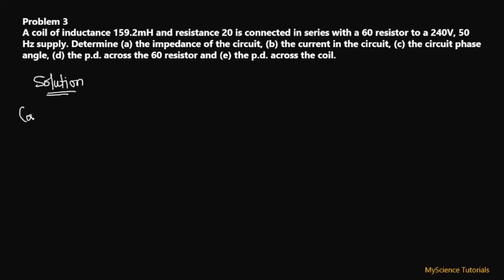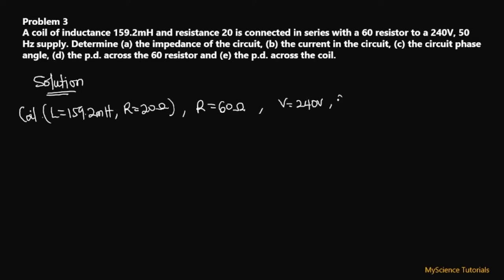So we have a coil that has an inductance L equal to 159.2 millihenry, and the same coil has some internal resistance of 20 ohms, and then the coil is connected to an external resistor, which has 60 ohms, and then we have a voltage of 240 volts, 50 hertz supply.